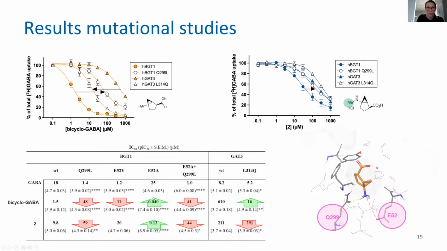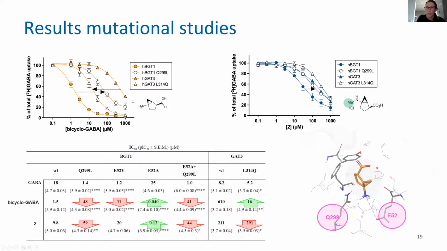So very fascinating. And for bicycle GABA, this worked out pretty well, and for our derivative 2, we saw a similar trend as for bicycle GABA. And then when we look at the GAT3 mutant, where we introduced that glutamine, we were really happy to see that we could drastically increase our activity.